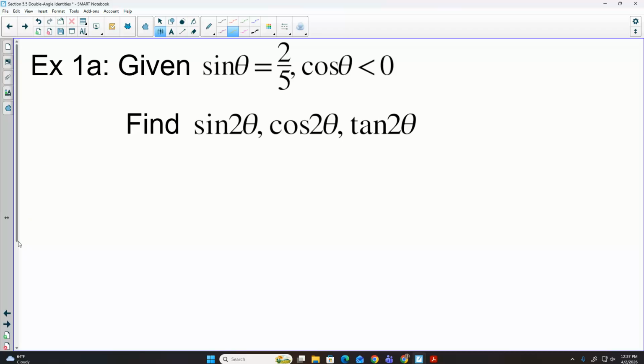So if I gave you this problem: given that sine of theta is 2/5 and cosine theta is less than 0, I want sine, cosine, and tangent of 2 theta.